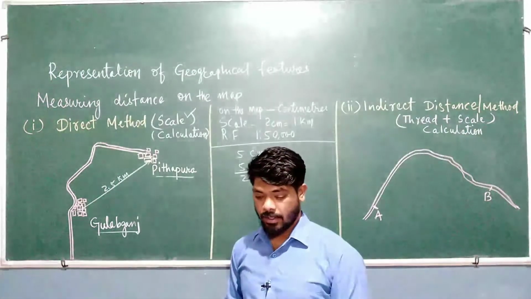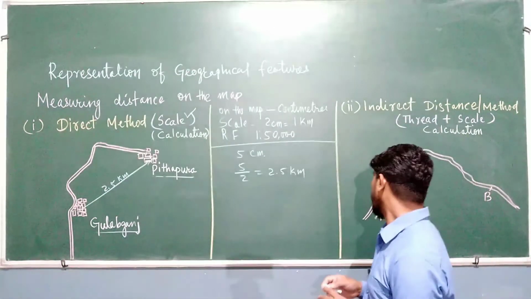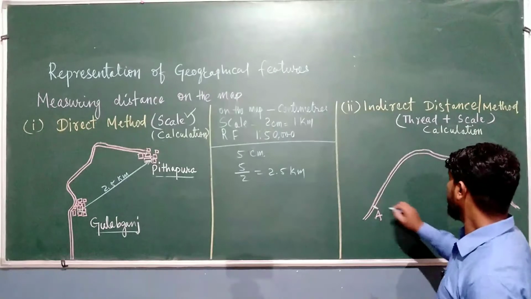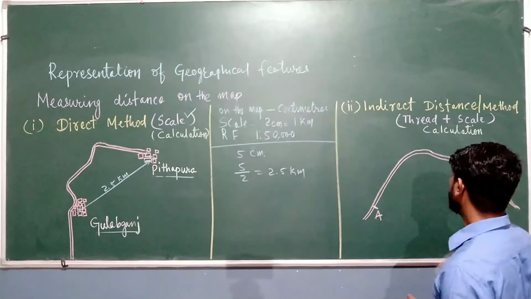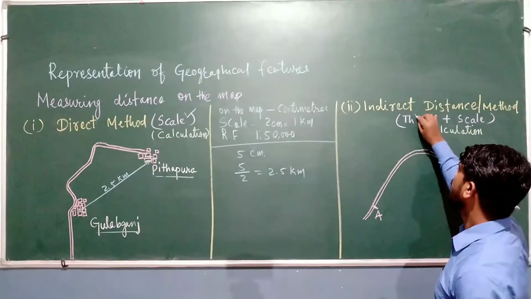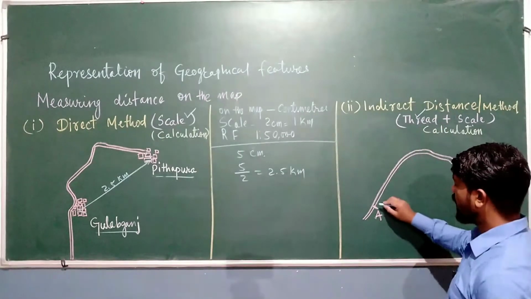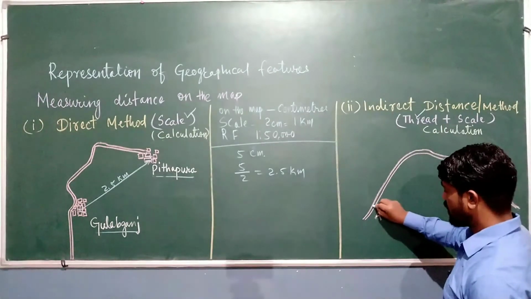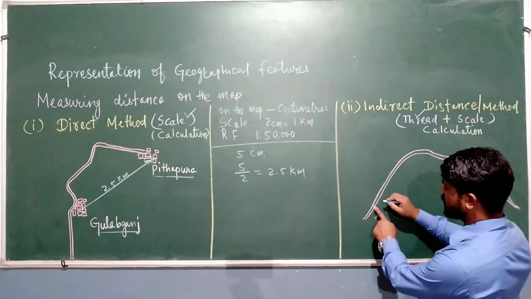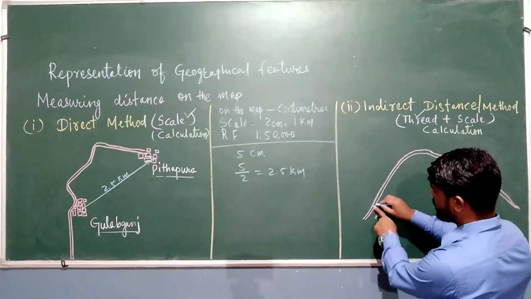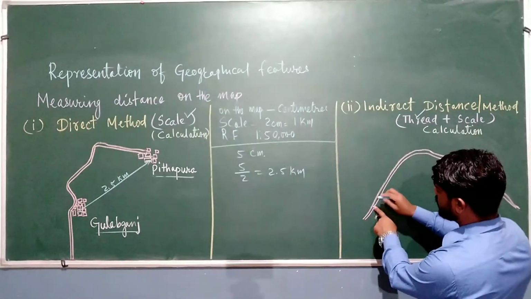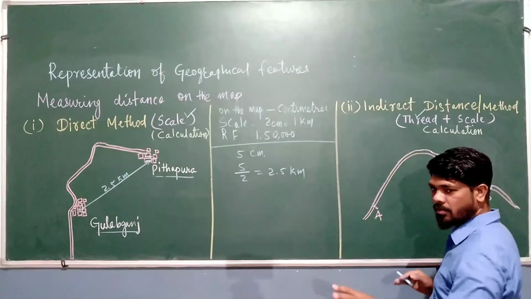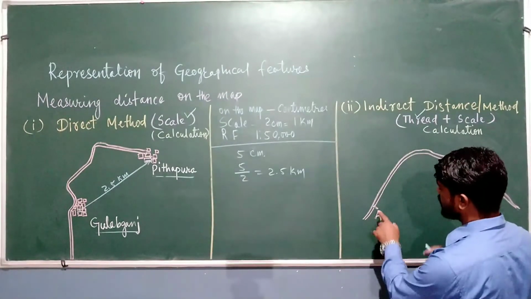Then you can see. Okay, all these things I understood. So from here, point A to point B, how to calculate? Take a thread. The thread has to be spread over here, at the beginning point. Suppose it is a thread, I don't have a thread, but I'll make you understand how the thread has to be done.